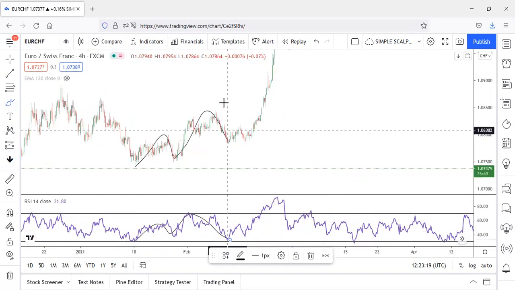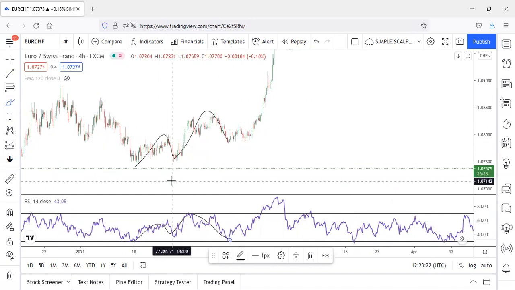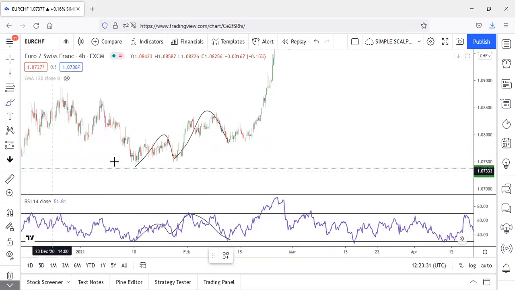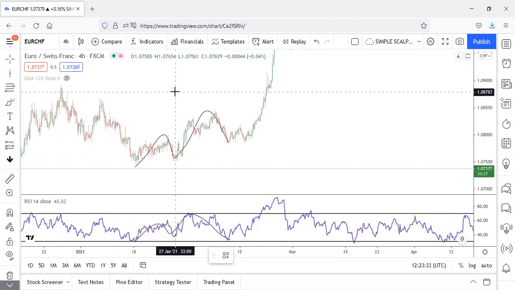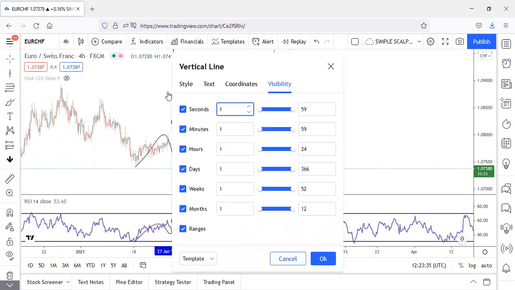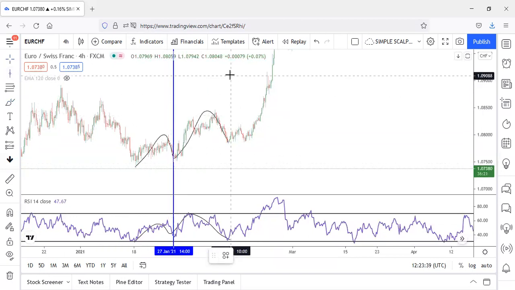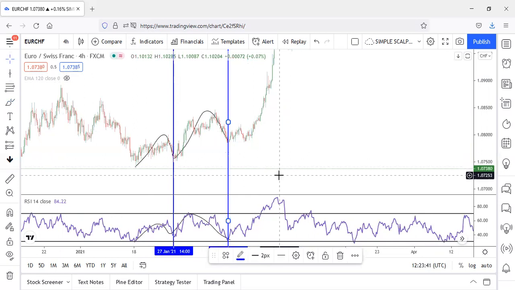So now, once you spot this, the next thing you want to see is to connect this place and this place together. Like I explained few seconds ago, you want to be able to connect the two lows together. If you cannot spot it with your naked eye, put in your vertical line right here, and on this one, put in your vertical line. All right.